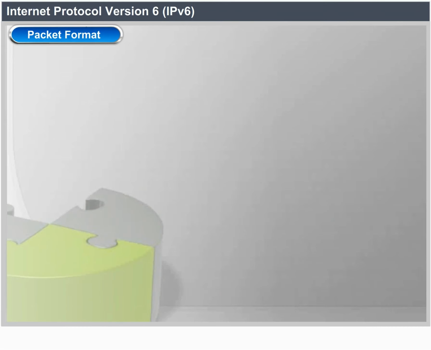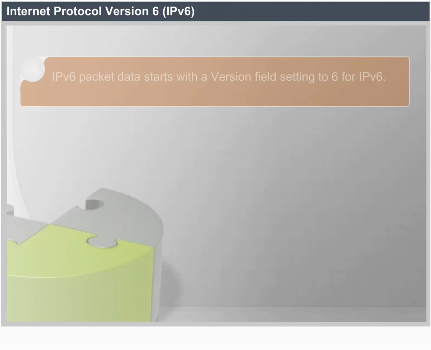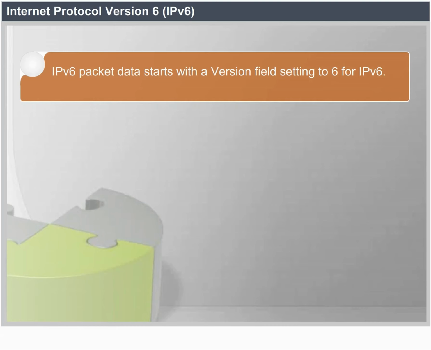Packet format. Despite the fact that IPv6 extends IPv4, its header format is actually simpler. This simplicity is due to a concerted effort to remove unnecessary functionality from the protocol. An IPv6 packet starts with the version field, which is set to 6 for IPv6.